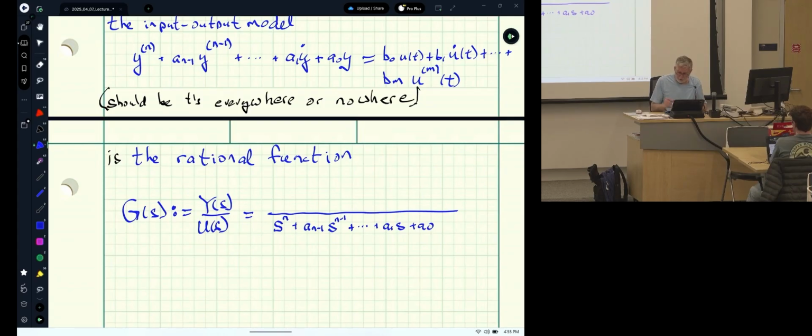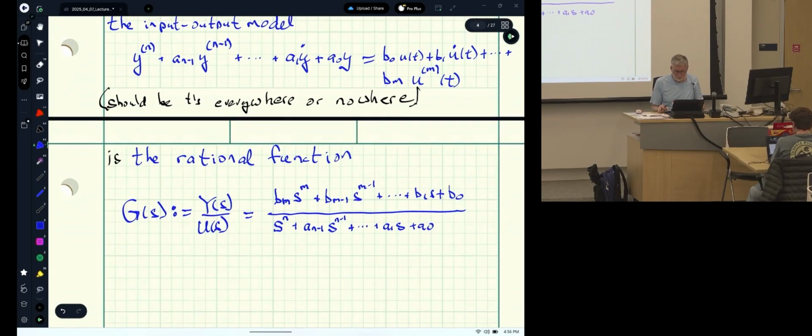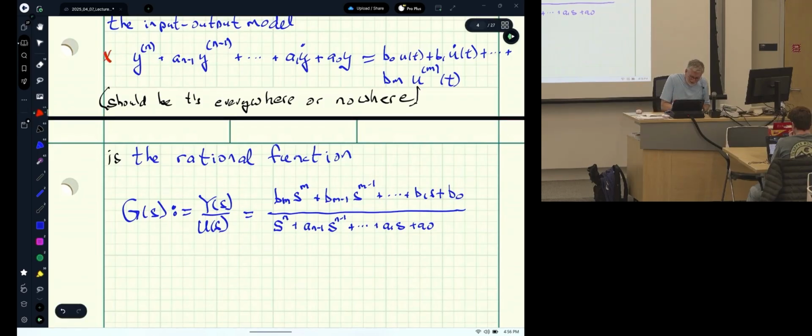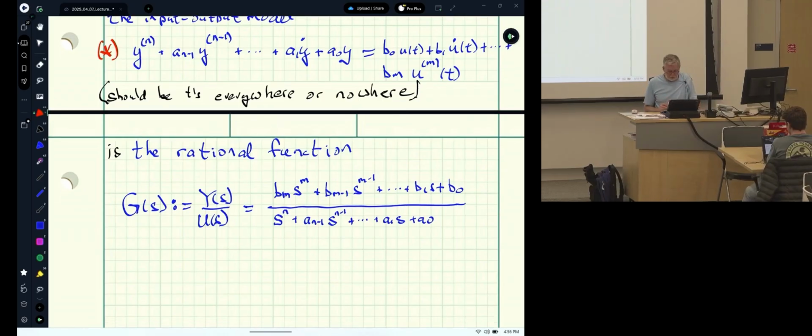Okay, and then I'm going to write the highest coefficient first, but you don't have to. And look at this from the right-hand side of the differential equation. Okay. I'm going to give this thing a number, call it star.